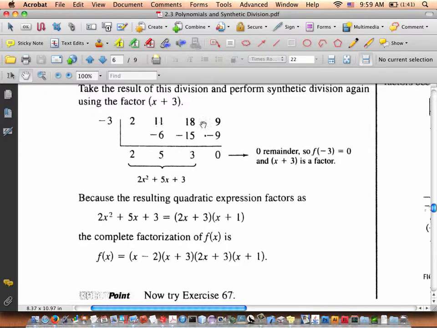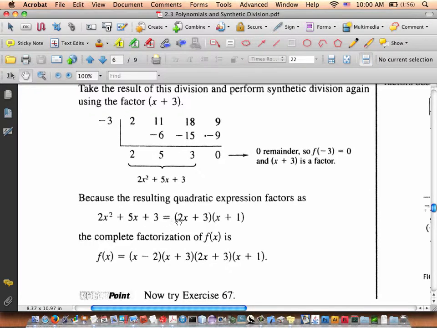So we put 2, 11, 18, and 9, drop the 2, negative 3 times 2 is negative 6, 11 and negative 6 make 5. Negative 3 times 5 is negative 15, 18 and negative 15 make 3, negative 3 times 3 is negative 9, 9 and negative 9 make 0. 2, 5, and 3 is now 2x squared plus 5x plus 3, and that can be factored from algebra 2.